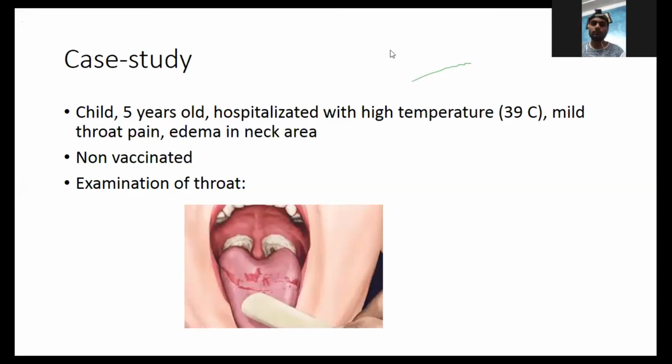Ma'am, in this picture, some patches on the tongue and scratch on the tongue. You can see the tonsils, yes? Yes, ma'am. Tonsils. Like when we drink cold water or take something cold.